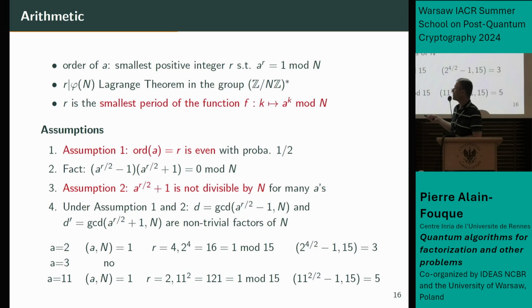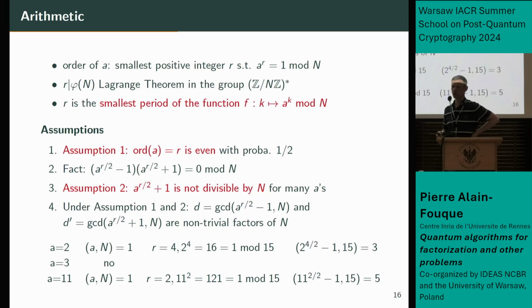The order of a, so this is 2 to the power 4, so it's 16, and r, the order of 2, is 4, mod 15. Okay? And you can see that if you compute this GCD, you will get 2 to the power 2 minus 1, so it will be 3, and the GCD of 3 and 15 is 3.